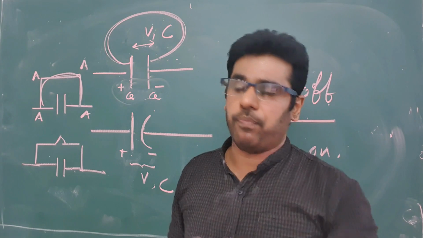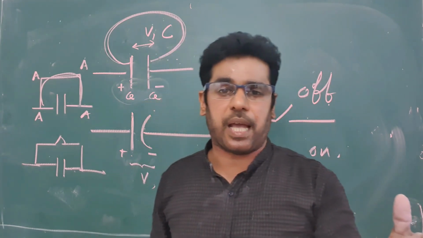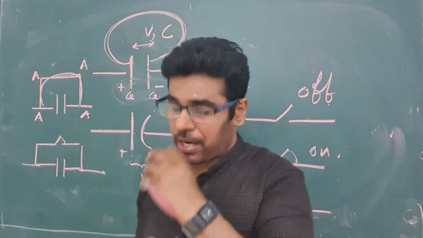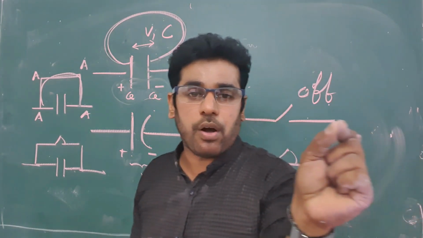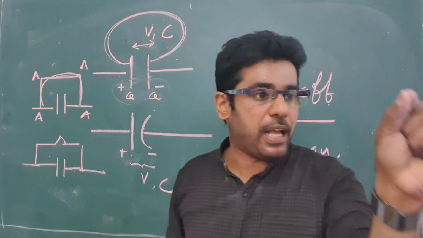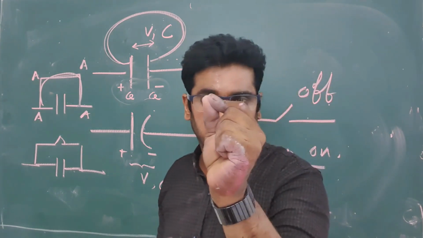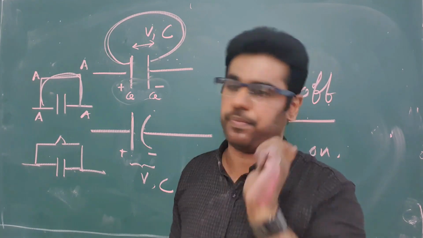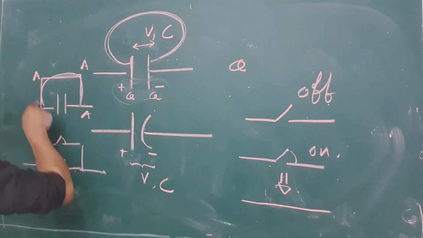So every time you do calculations in capacitors, diodes or any other electronic devices, when you go along the wire, you better label A. Along the wire, voltage does not change. So that's why I label A.